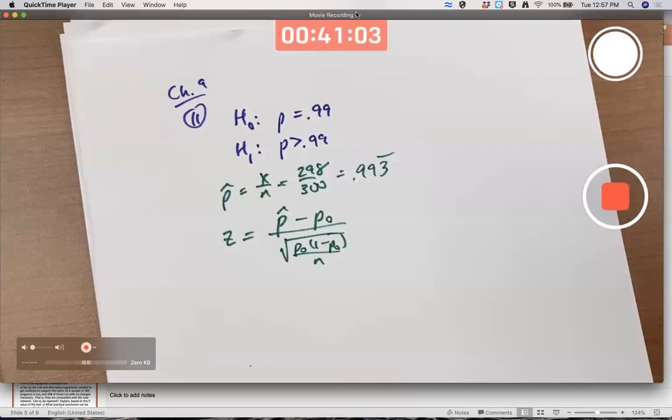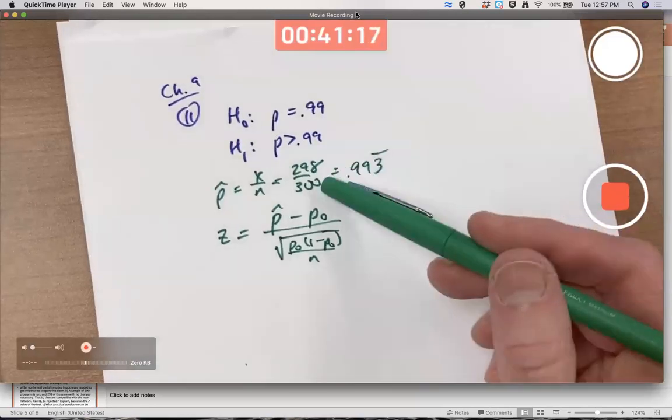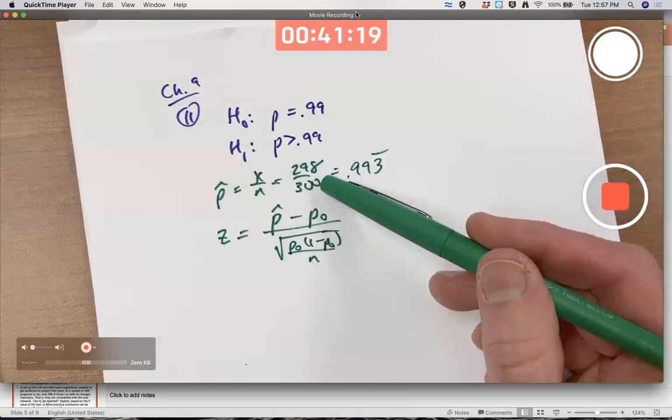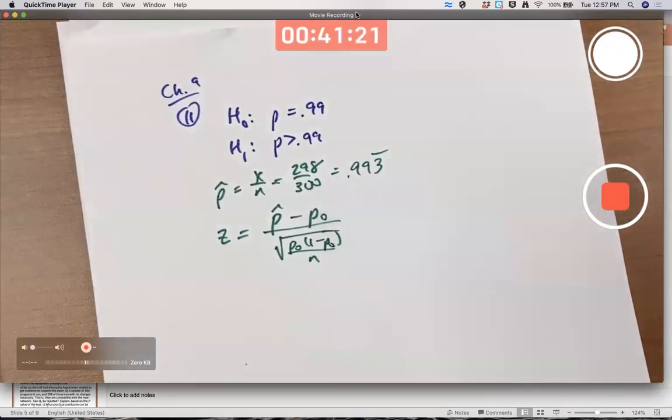For one thing, because technically z is discrete here, because p hat is discrete based on a fixed sample size and is finite, right? p hat can only take on finitely many values, only finitely many fractions you could compute here. But it's close enough. Wave your hands. You might wonder, why don't we use some other variable like a t or something else here instead? Well, this is what people do.